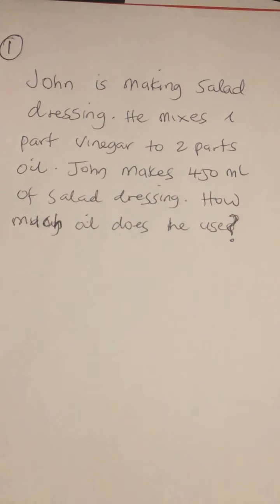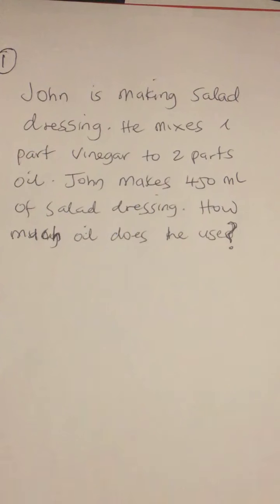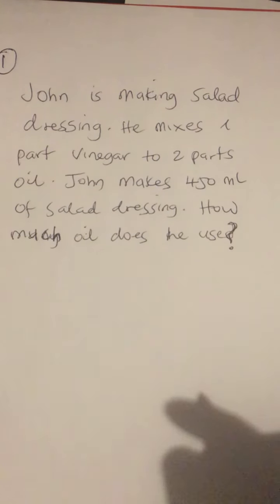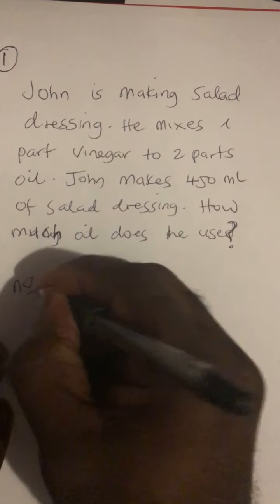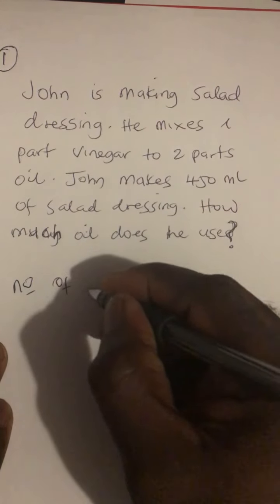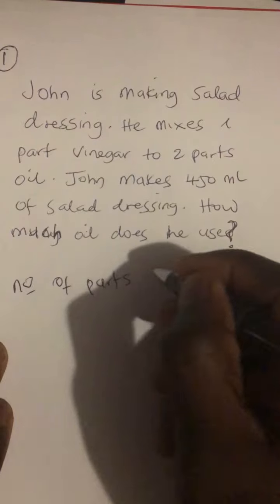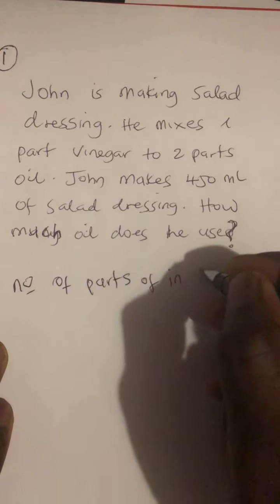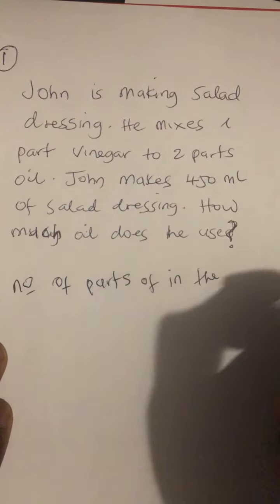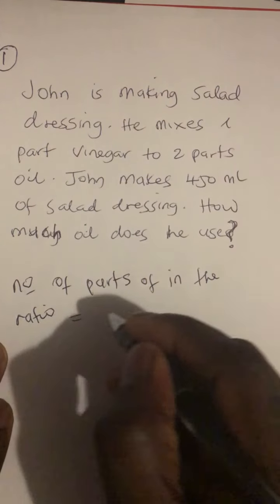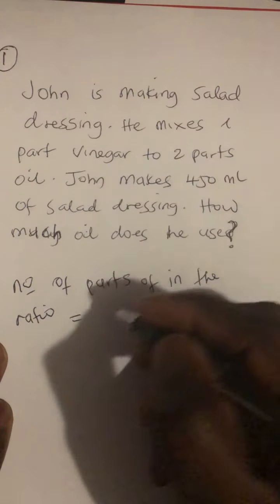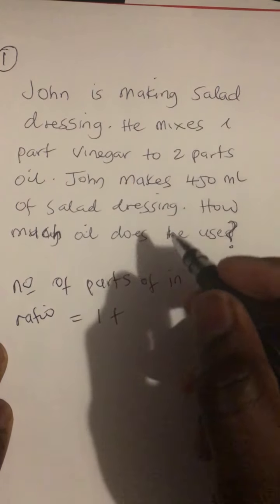For this kind of question, we start by finding the number of parts in the ratio. So the number of parts in the ratio is equal to 1 part vinegar plus 2 parts oil.